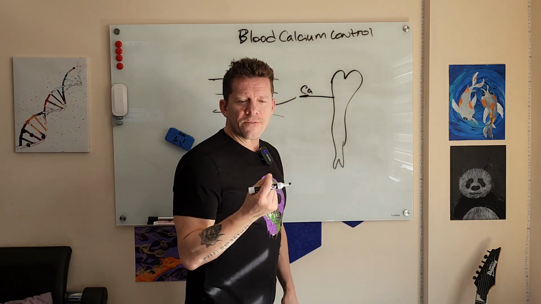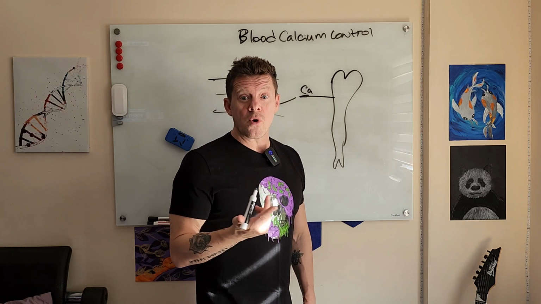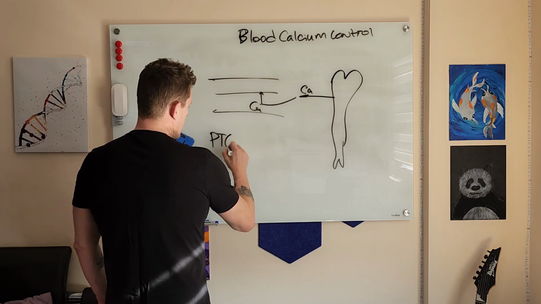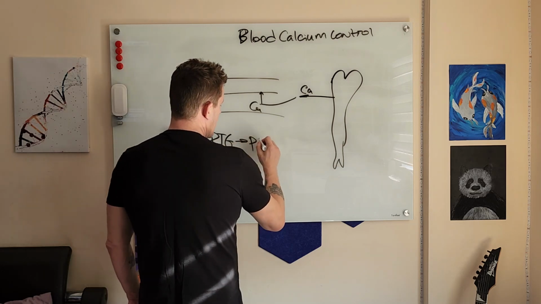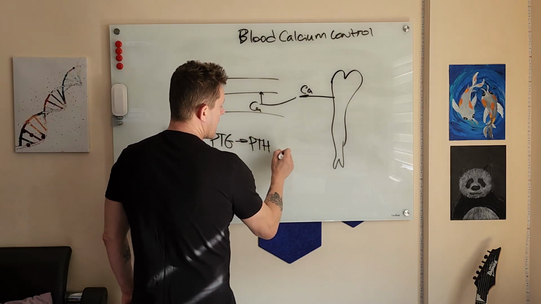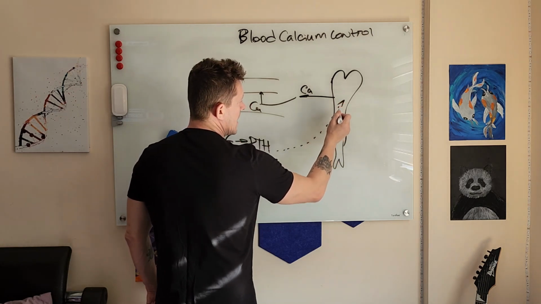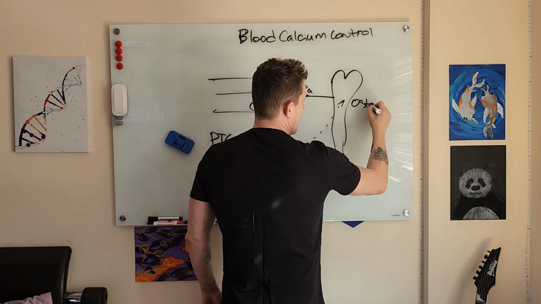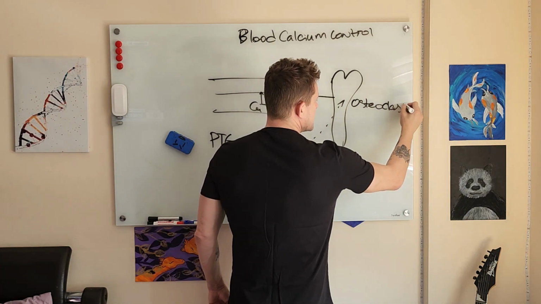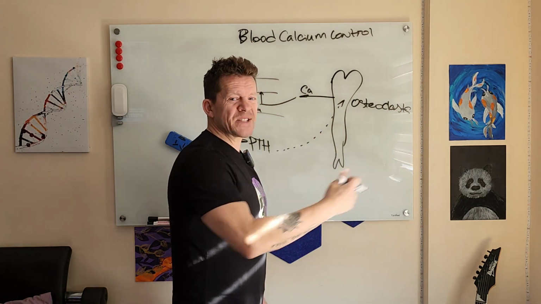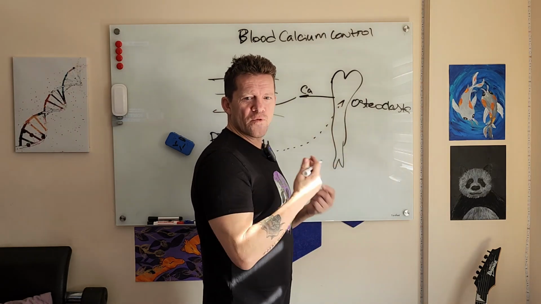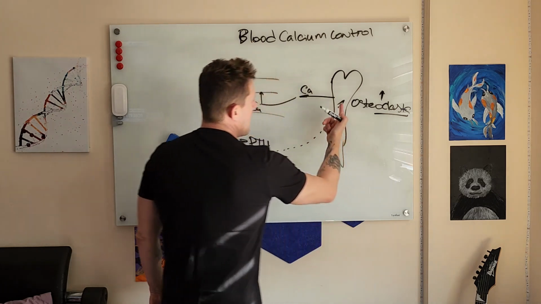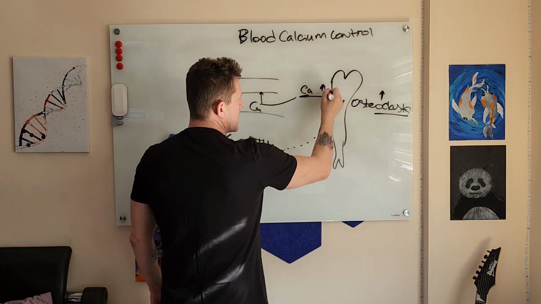But what if there is a problem with parathyroid gland? So parathyroid gland releases parathyroid hormone. Parathyroid hormone acts on osteoclasts. Remember osteoclasts, bone resorption, taking the calcium from the bone? This osteoclast could be hyperactive, meaning you would be resorbing a lot of calcium.